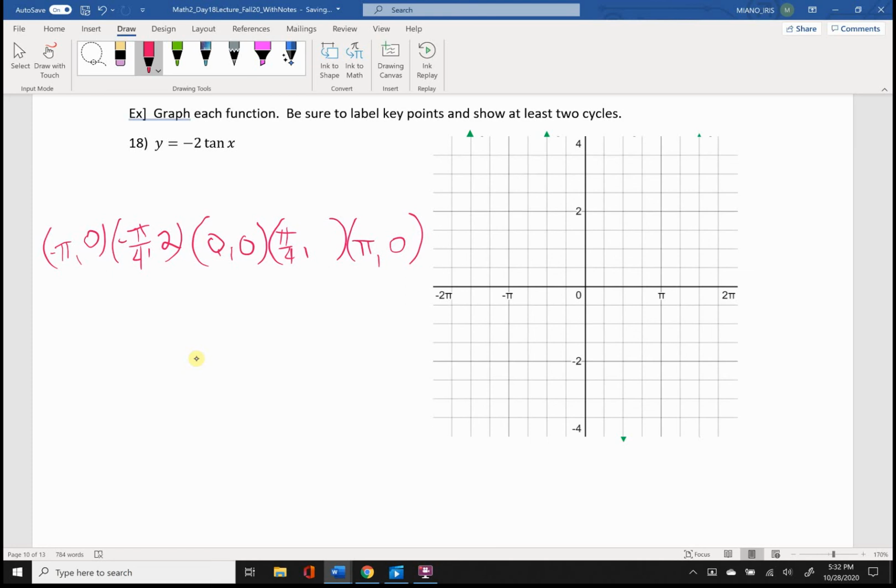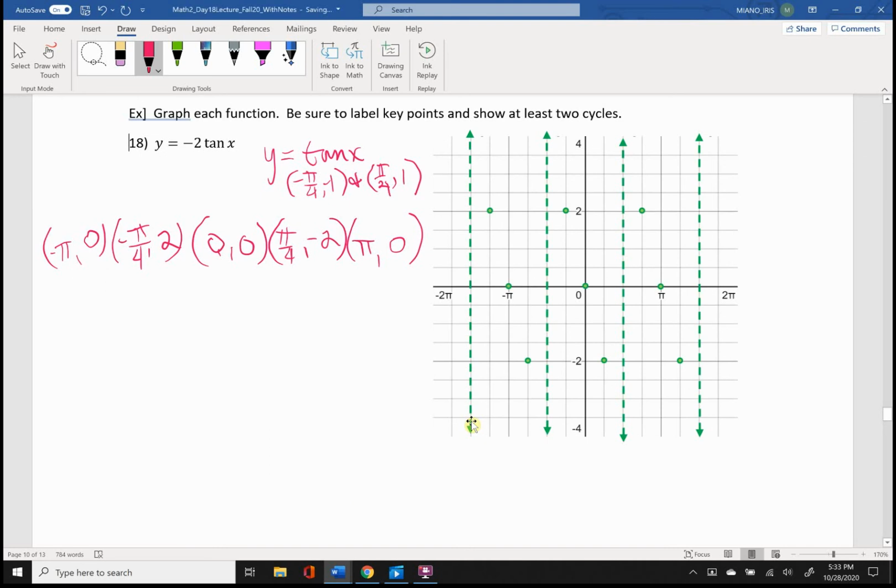And then it'll be a -2 here, because, just to be clear, I'm going off of the parent function having the points negative pi over 4, negative 1, and also pi over 4, where it goes up to a 1. So multiplying by the factor of negative 2 here and here, that's how I'm getting the positive 2 and negative 2 respectively.